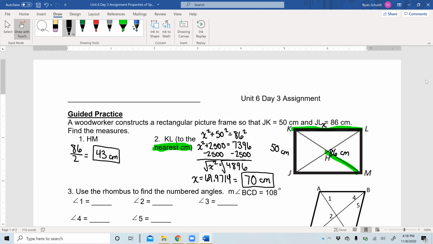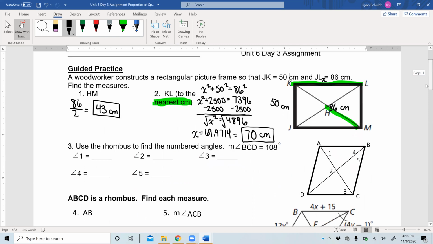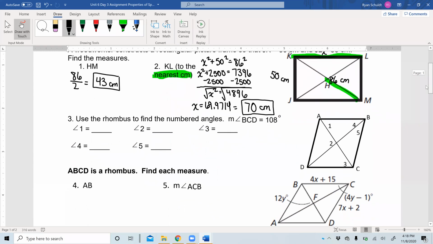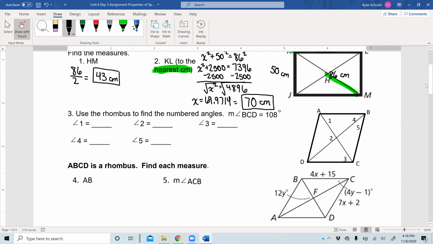Okay, so there's 1 and 2, dealing with rectangles. Now 3, we're dealing with the rhombus. 3 tells us that the measure of angle BCD, so BCD, that's this whole angle right here, this whole thing, is 108 degrees.